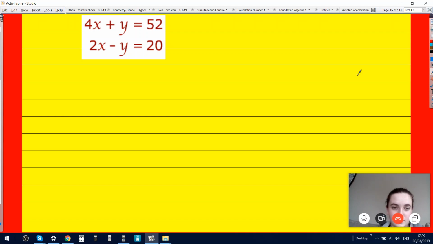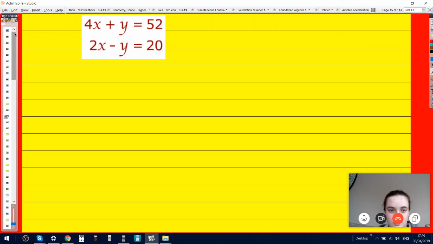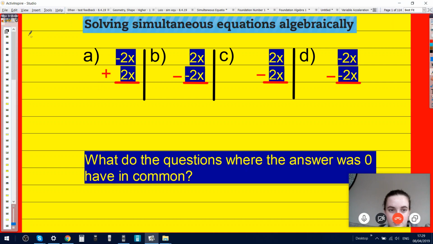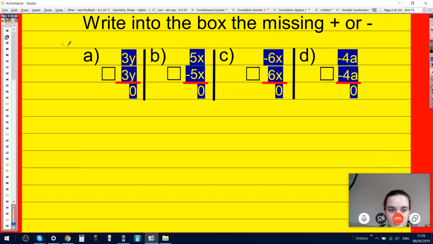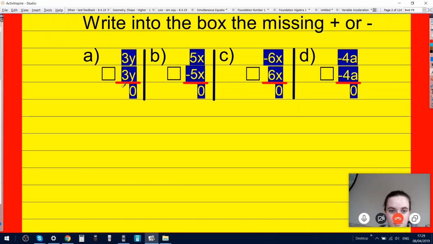Would you get that, so x equals something? You have forgotten. Let's see. What would you put in the box to get the answer?